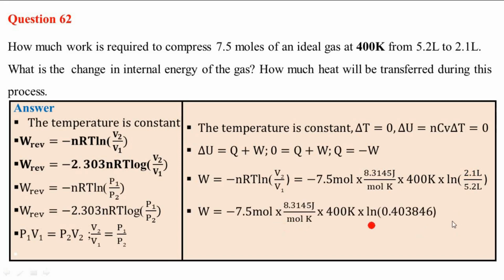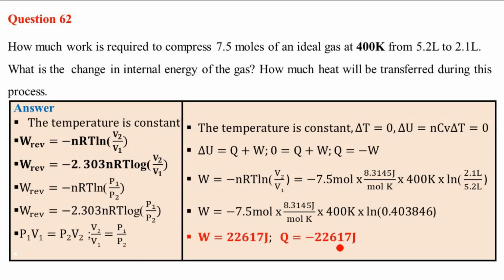After doing the calculation, we get the work done is equal to this value, and the heat Q is equal to negative work done. That means Q will be equal to negative this value. What does it mean? Here, the work done is positive.